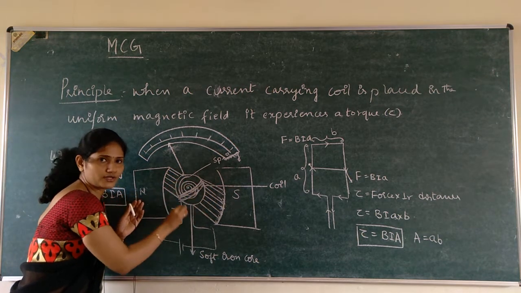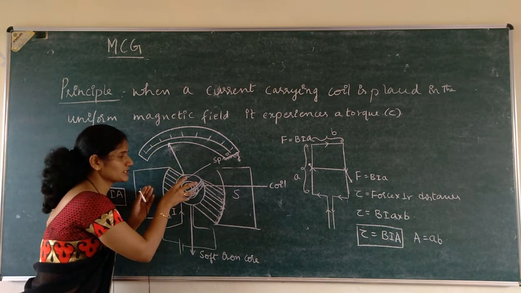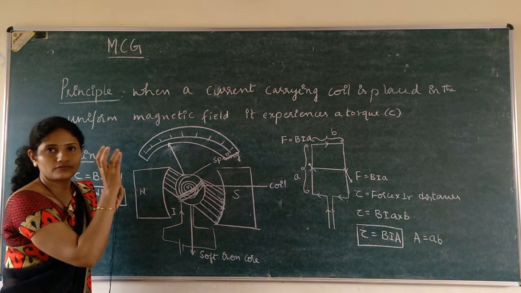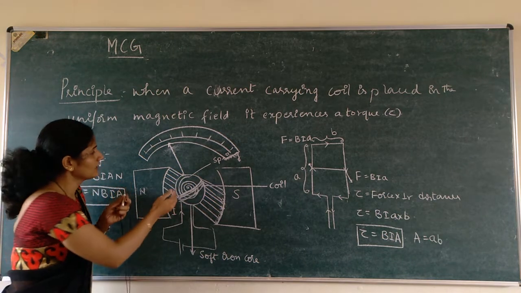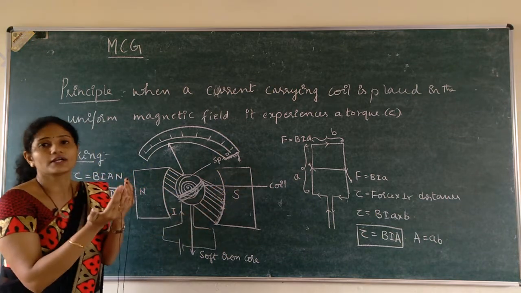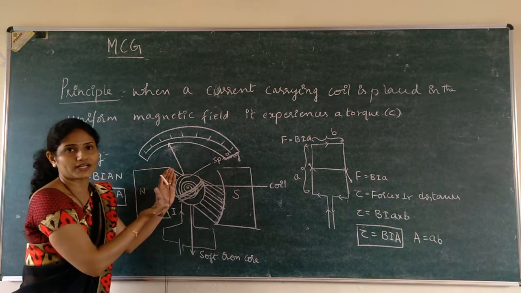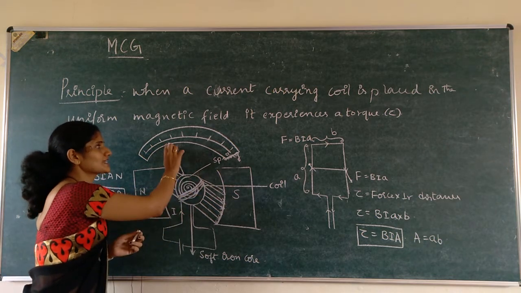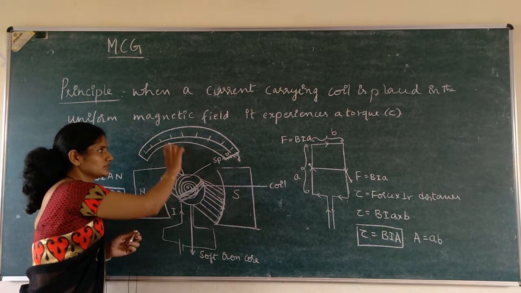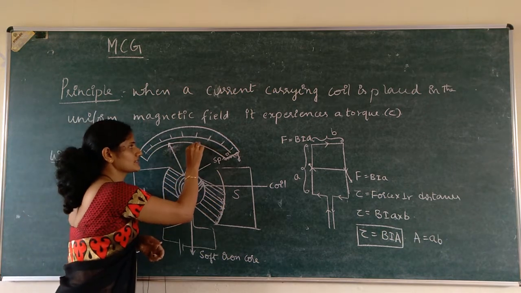At every point, strength of the magnetic field is same. When this is placed in the uniform magnetic field and when I is the current flowing through the coil, forces will act, and due to those forces we have torque. So, due to the torque, the coil will rotate. When it rotates, the needle of the galvanometer shows deflection, okay, like this.